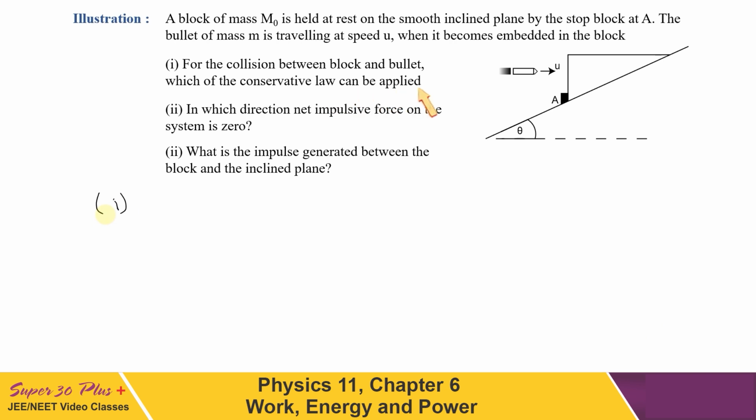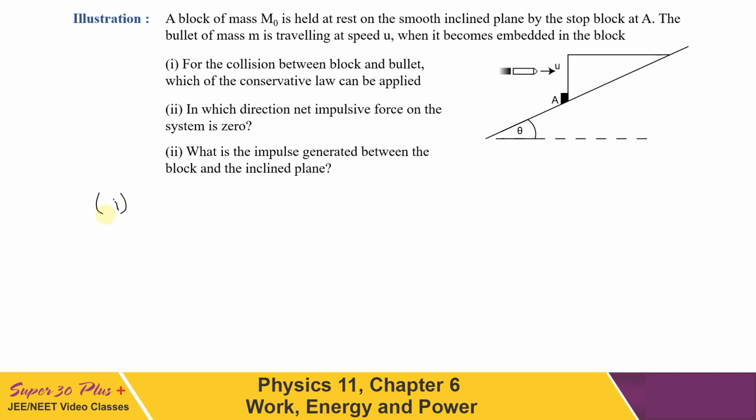This is between bullet and the block system. Can it be conservation of mechanical energy, or linear momentum along horizontal, or conservation of linear momentum along vertical, or linear momentum in a direction parallel to the inclined surface? So you have to choose among these 4 conservation laws which can be applied here.